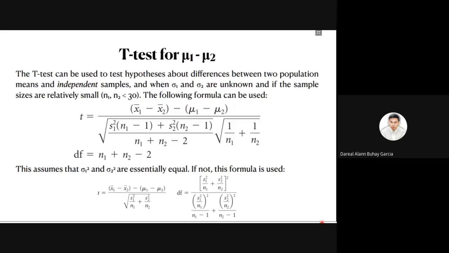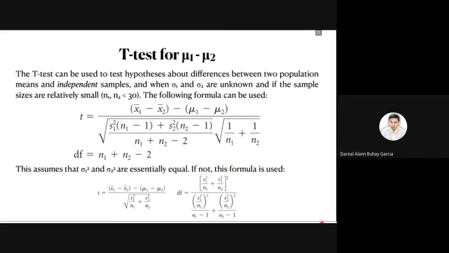This formula is constructed by assuming that the two population variances, sigma 1 squared and sigma 2 squared, are equal. Thus, to test the hypothesis about the difference in two means from small independent samples when the population variances are unknown, we must assume that the two samples come from the populations in which the variances are essentially equal.